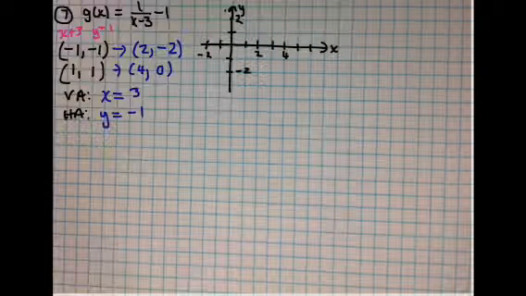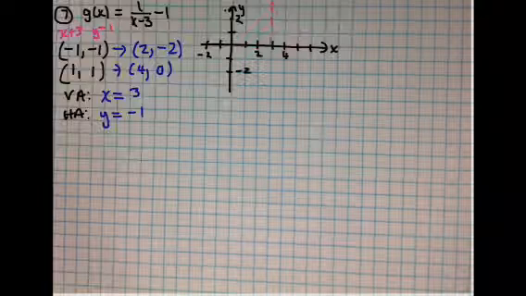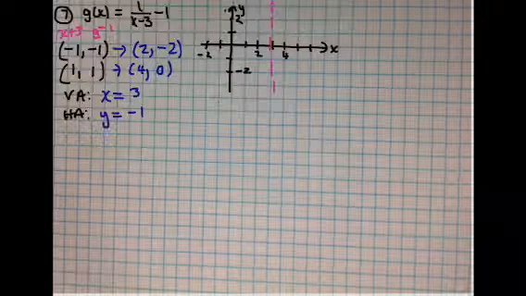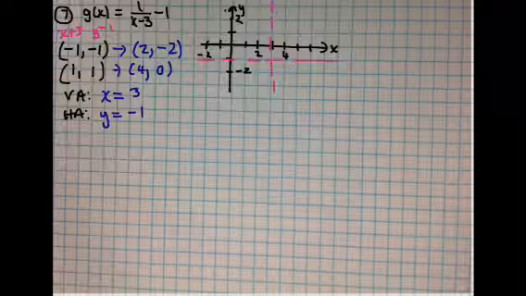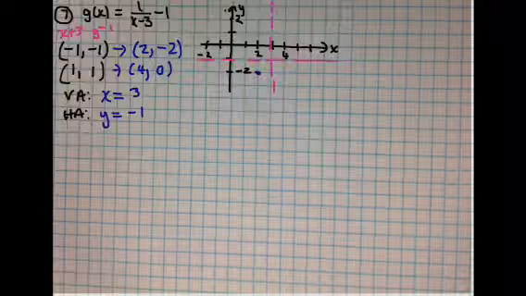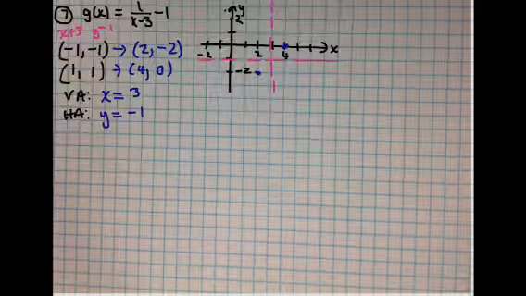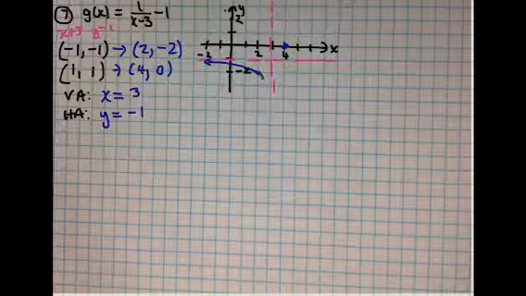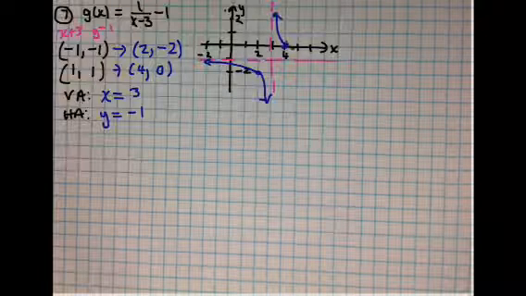So first, the vertical asymptote, x equals 3. Horizontal asymptote, y equals negative 1. And plot the points 2, negative 2, and 4, 0. And we use those points to draw our branches, our curves. So we go towards the asymptote and towards the asymptote.